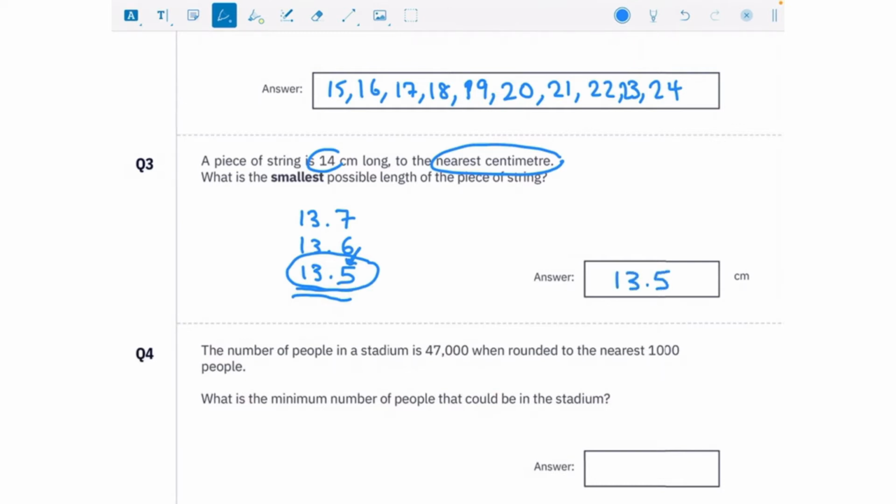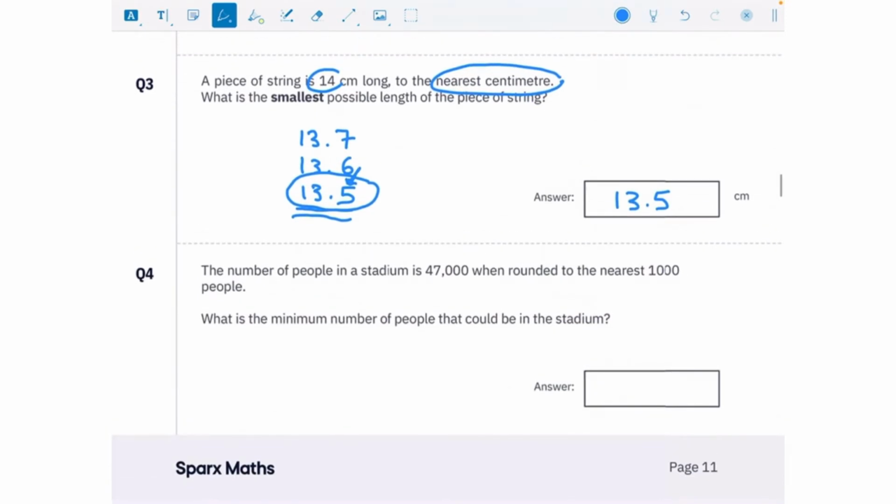Question number 4. The number of people in a stadium is 47,000 when rounded to the nearest 1,000 people. What is the minimum number of people that could be in the stadium? So again, we want to think lower, so we want to go 46,000. And how big can we make this where it still rounds to 47,000? 46,000, we want to go 500.